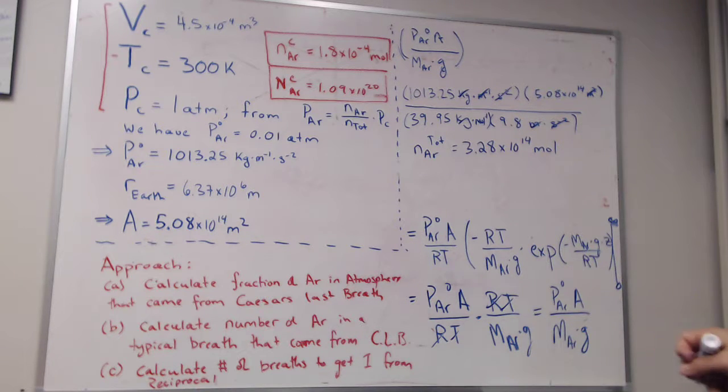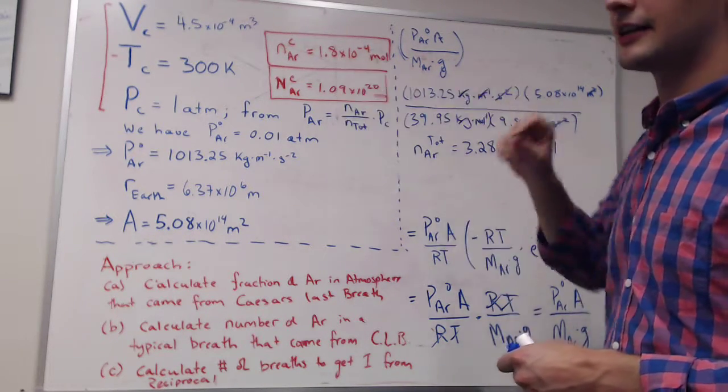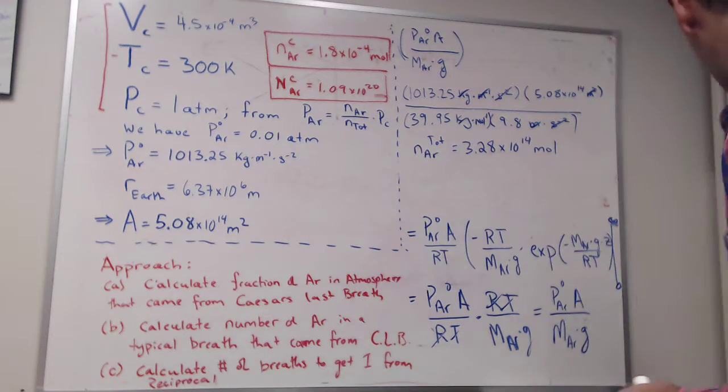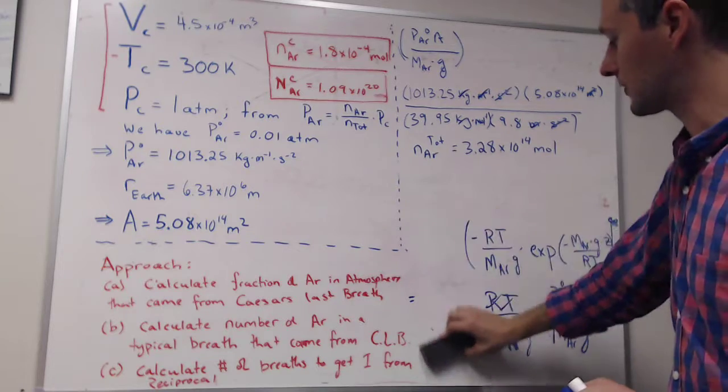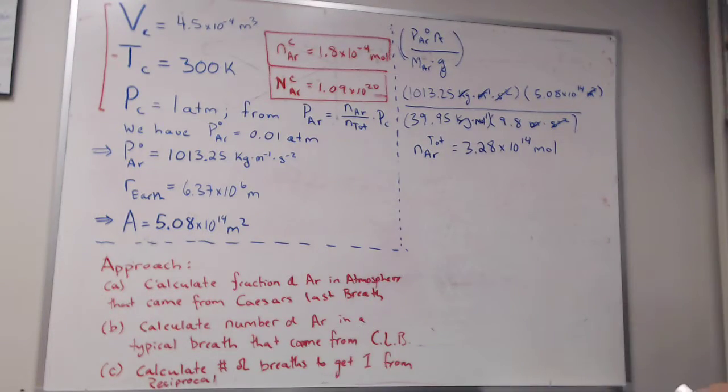Okay. So that's the total amount of argon in the atmosphere. And then this is the total amount of argon in Caesar's last breath. Okay. So now we're in a position to go ahead and work out B, which is the fraction of argon from Caesar's last breath in the universe.